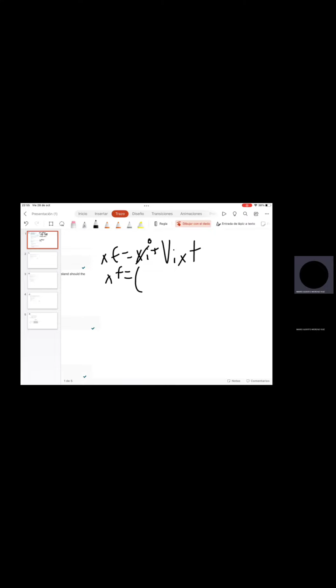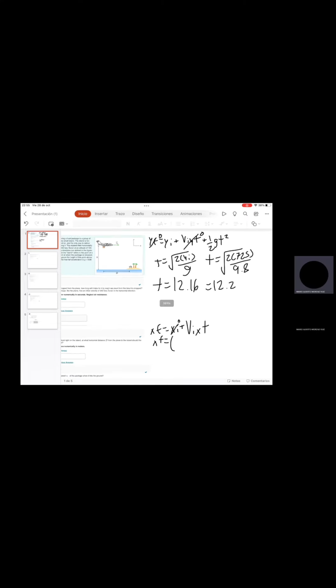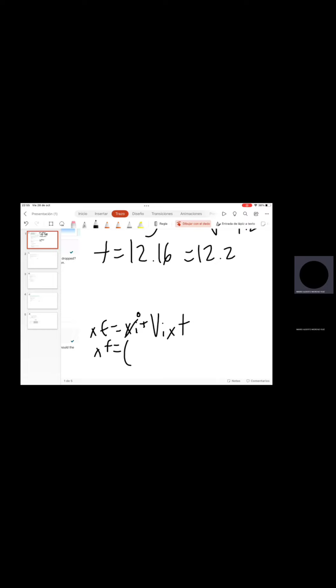Initial velocity, it's important to mention that it is in kilometers per hour, and it cannot be in kilometers per hour. It has to be in meters per second, and making the conversion, we got that it is 95 meters per second.